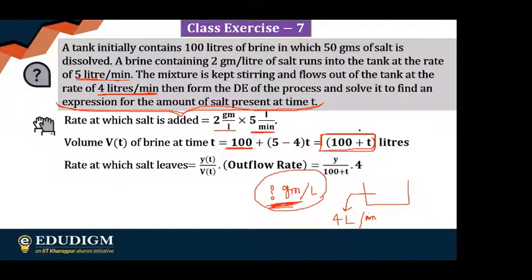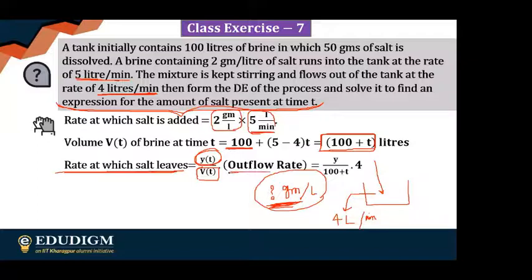You know that at time t, the volume of the brine, the mixture here, is this, and the amount of salt is this. I hope this is okay with all of you. The rate at which the salt leaves is this. When the salt enters, you know the concentration of the salt and you know the rate of flow.